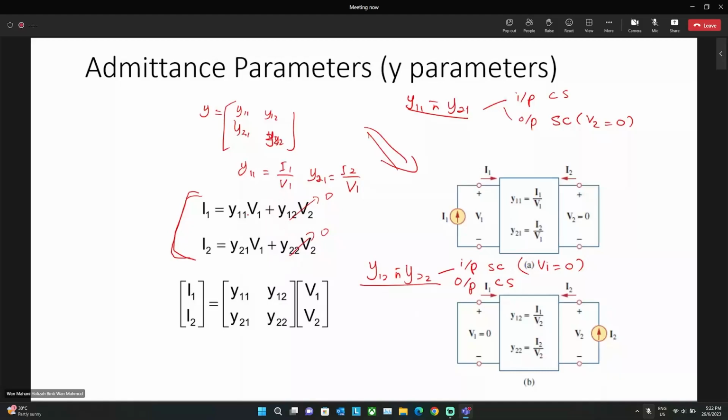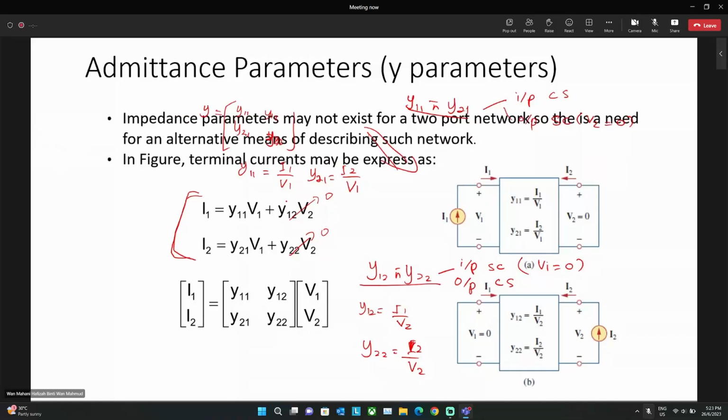Bila V1 kosong, equation yang depan ni pula yang akan cancel out, leaving only Y12 equals to I1 over V2 and Y22 equals to I2 over V2. Itu macam mana kita boleh dapat equation yang 1, 2, 3, 4 ni lah, sebenarnya daripada original equations ni juga. Okay.